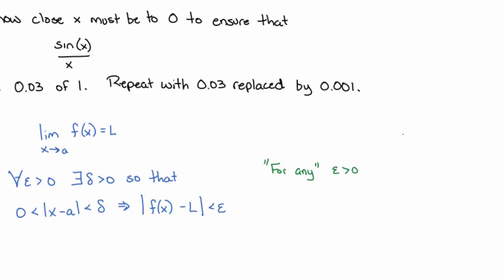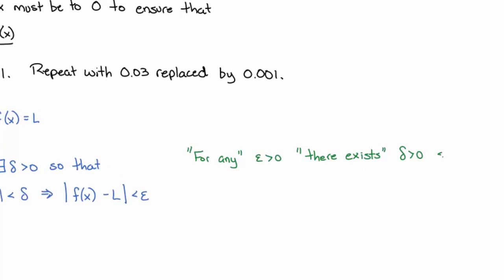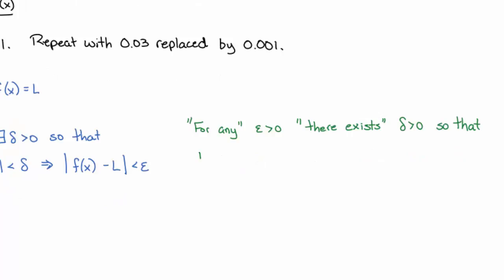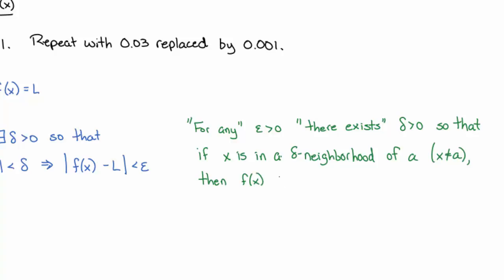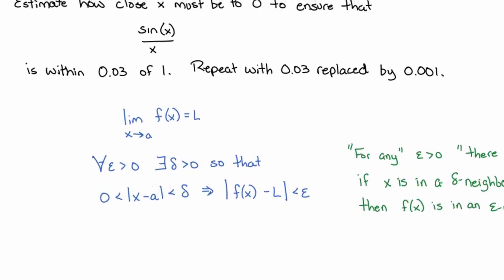The backwards capital E says there exists delta, that's positive, such that if x is in a delta neighborhood of a but not equal to a, then our function value, our y values, is within an epsilon neighborhood of L. They say the same thing. This is just the language of the precise definition of a limit. All right. So that's what we're going to investigate here.